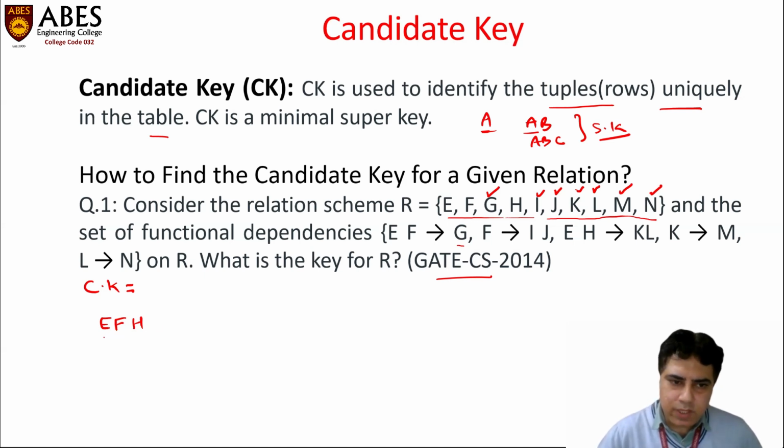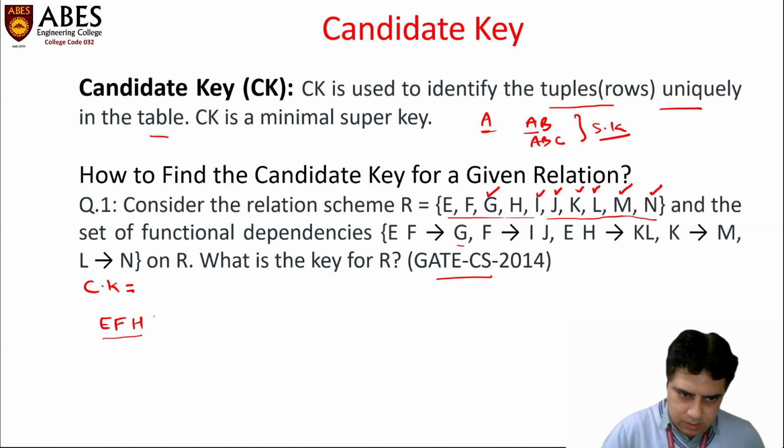What it means is, we cannot determine E, F, H from any of the given functional dependencies. So we must take this as part of the candidate key.